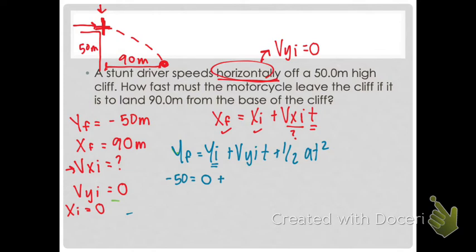What do we know in this equation about VYI? It's 0 as well. 1/2. Acceleration in the vertical direction is negative 9.8. And I'm solving for t. Okay, I need to know what questions we have about setting up that equation. Okay, then we just solve.